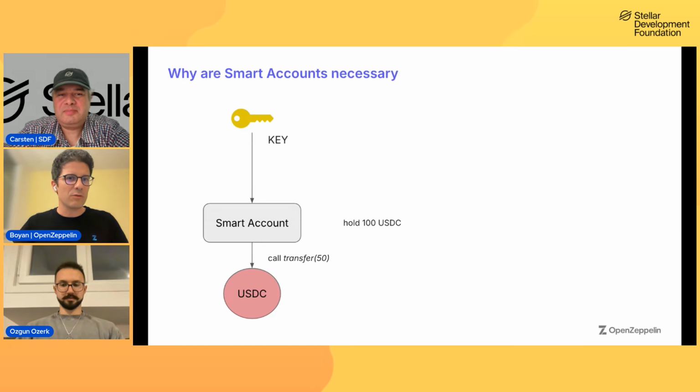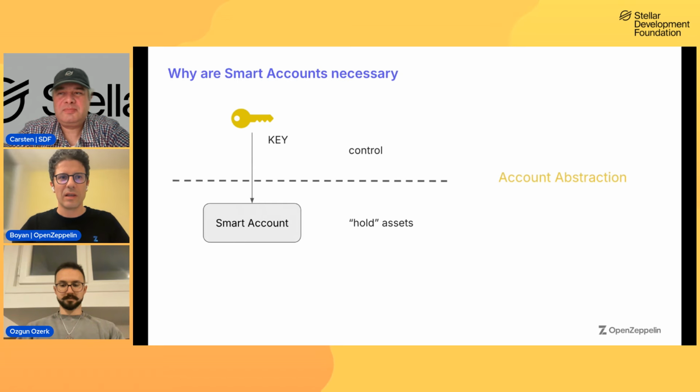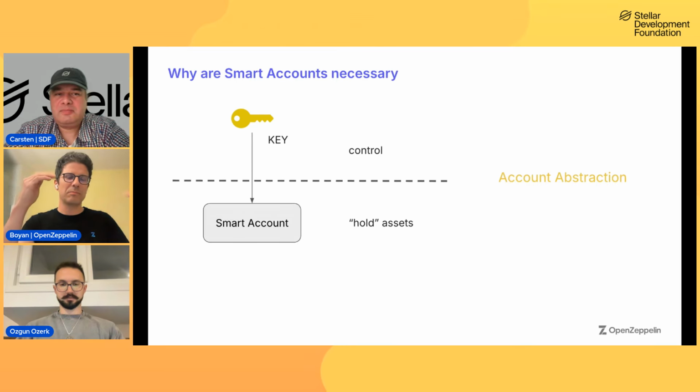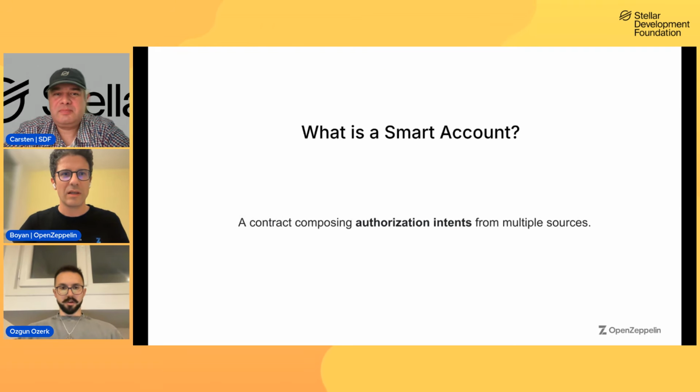They will make use of a cryptographic key that is registered at this smart account to authorize the operation. And by looking from this perspective, the perspective of account abstraction, we are establishing a boundary between the account that holds the assets and the keys that control them.